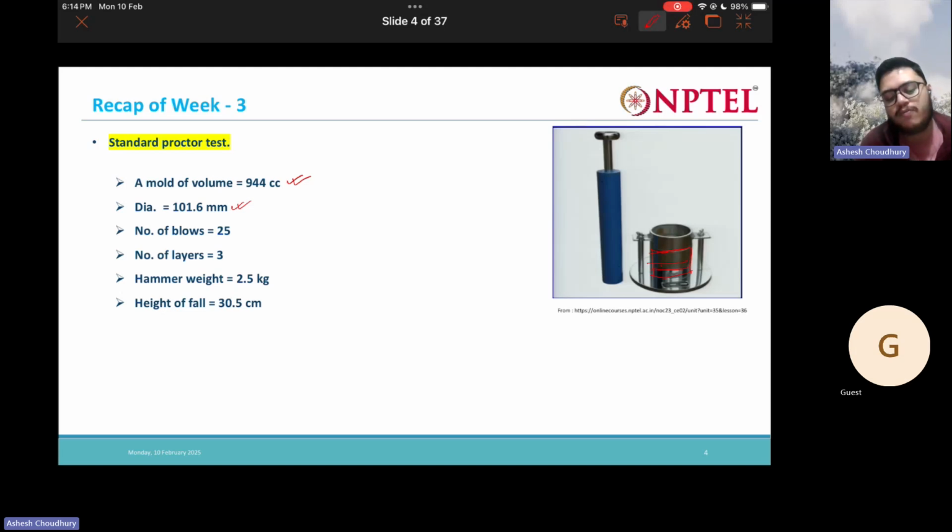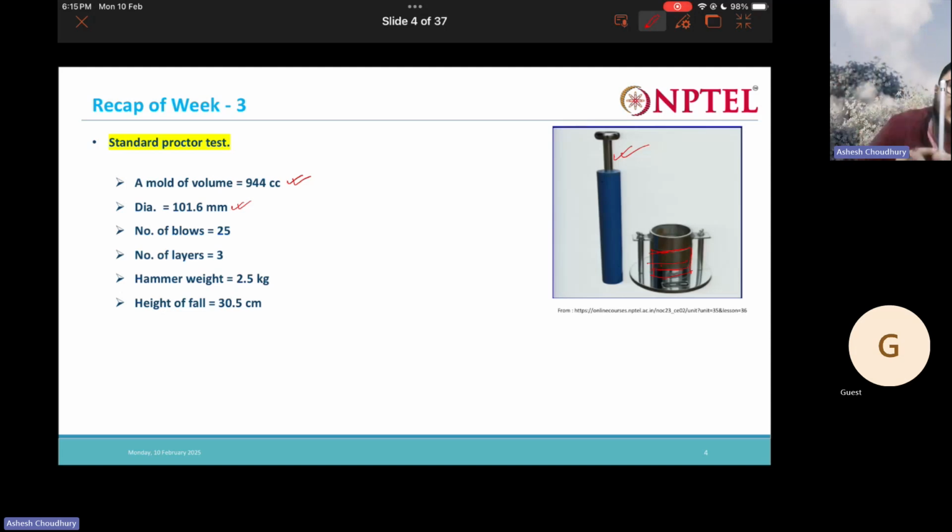Those 25 blows will be given to each layer of the soil with the help of this hammer. This hammer is a standard weight of 2.5 kilograms. So we put the hammer over the soil, we pull it, and then we release it.